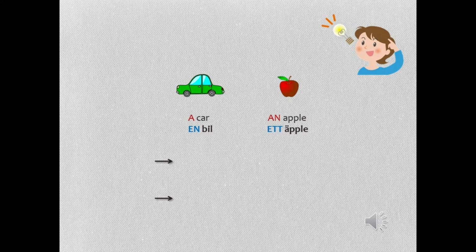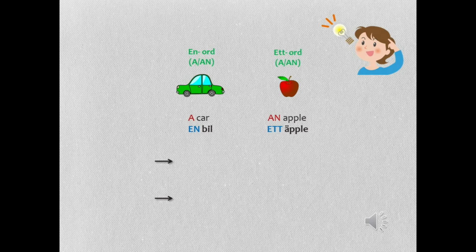So for the car, we use a, or in Swedish, en, and bil. So en bil is an n-ord in Swedish. Apple uses an, or ett, ett äpple. So ett äpple belongs to ett-ord.